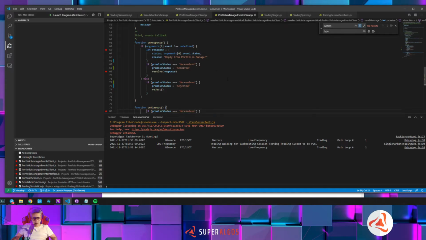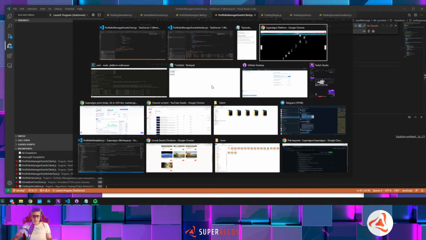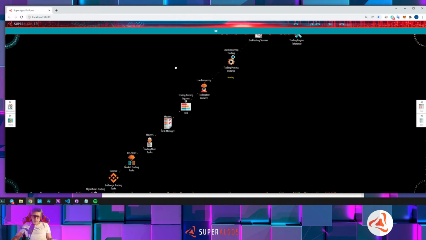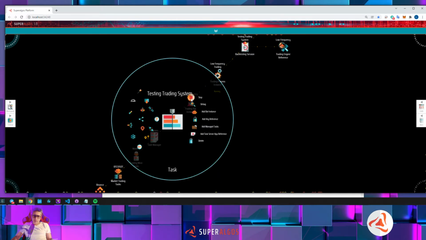Okay, so we have the portfolio now kind of working well. So with this fixed, we are going to run the trading bot again. Okay, we are almost there. At the trading bot, we are going to stop this task.